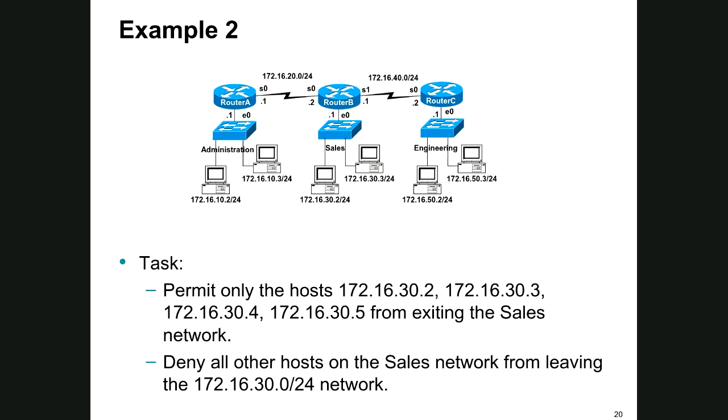Not only him, but his 3 top guys will have the ability to go to the administration department server and enter sales orders into the server computer over there. The other guys in the sales department are still not trustworthy yet. They cannot leave. So this is similar to the first example, except instead of 1 PC being permitted to leave the department, 4 PCs are going to be allowed to leave the department. Let's look at the code for what this would be.